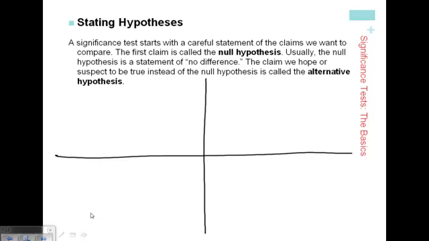Oops, I wrote this backwards. I want population first. And I want parameter second. So if we go to this example that we just did, what is the population that we're investigating? This particular player's free throw shots.